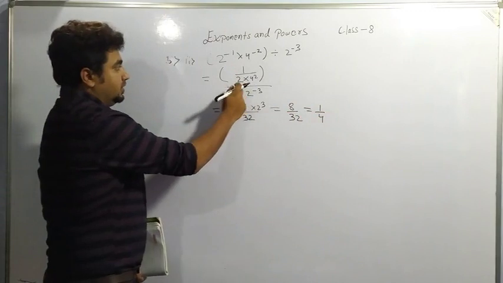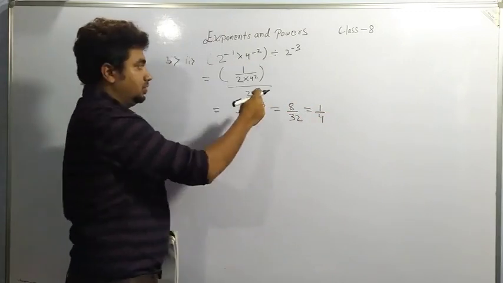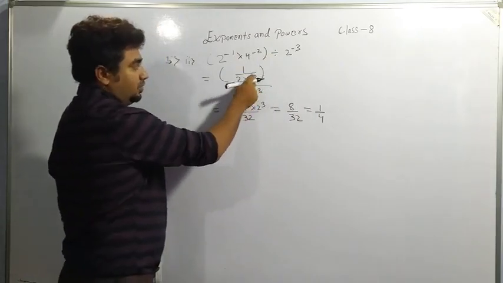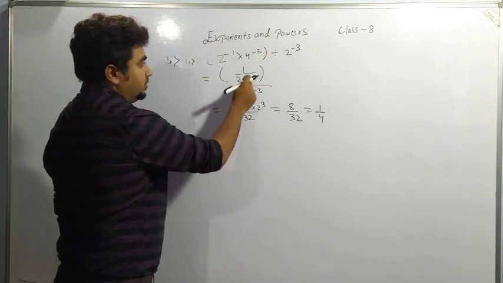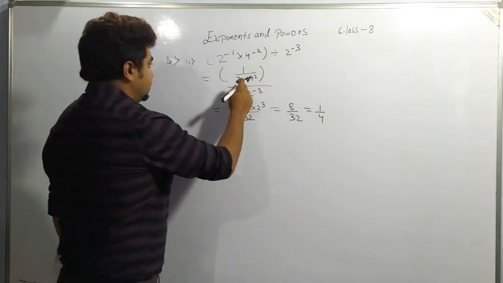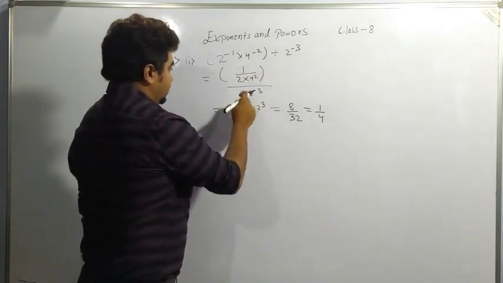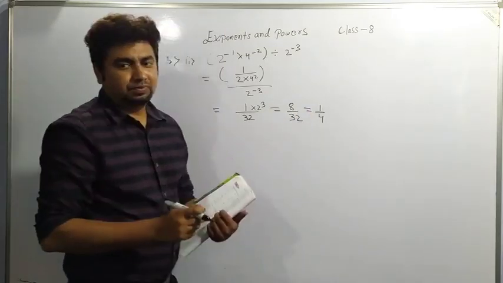Here this is the main division sign, so this we are taking directly to numerator, so it is becoming plus 2 to power 3, and this is becoming the part of denominator. That's why it is part of denominator, means we have to multiply directly. So it is 2 into 4 square, which is equal to 32, and this 8 by 32 is 1 by 4.